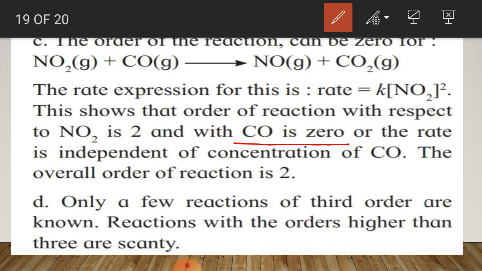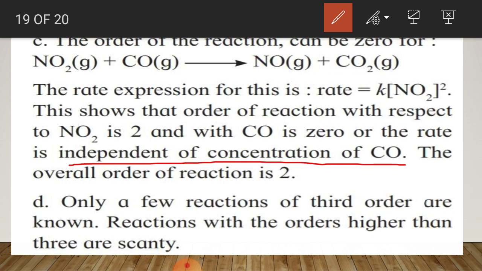This shows that the order of reaction with respect to NO2 is 2, so x is 2, and for CO it is 0. So the rate of the reaction doesn't depend upon carbon monoxide. It depends upon nitrogen dioxide, for which it is 2, and for carbon monoxide it is 0. So the rate of reaction is independent of the concentration of CO.